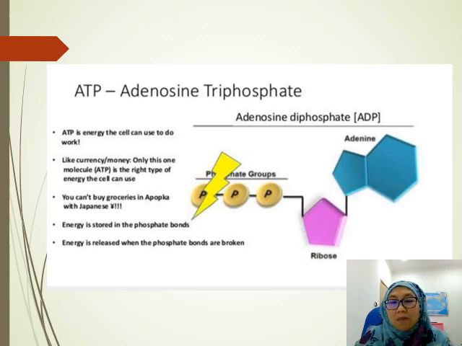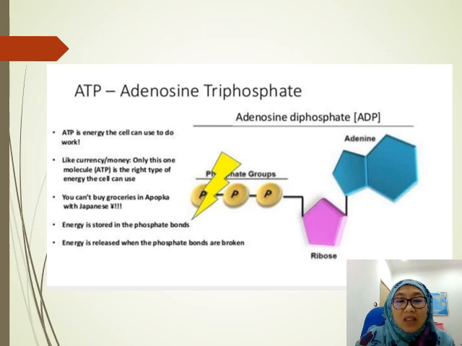ATP is the energy that cells use to do work, to do all the reactions, to do catabolism and anabolism, and so the cells treat it as the currency or money. Only ATP is the right type of energy that cells can use.